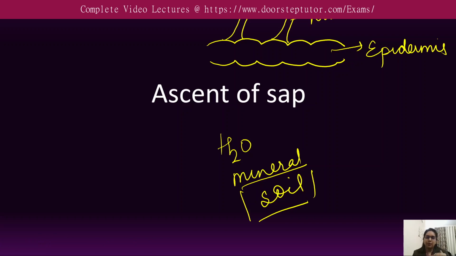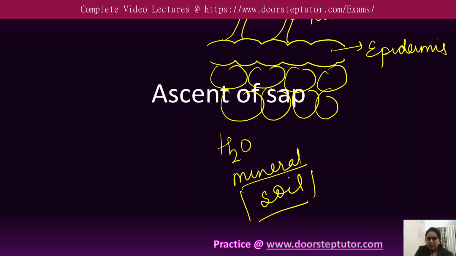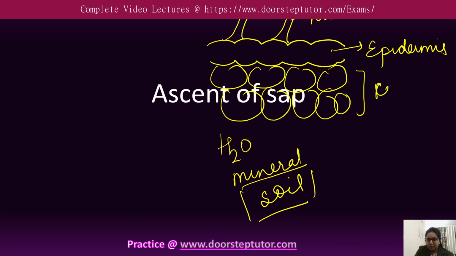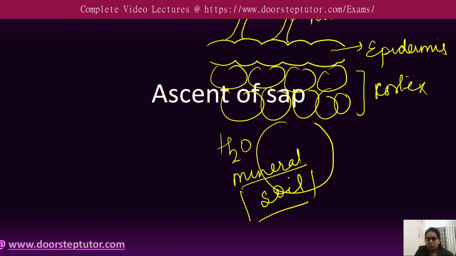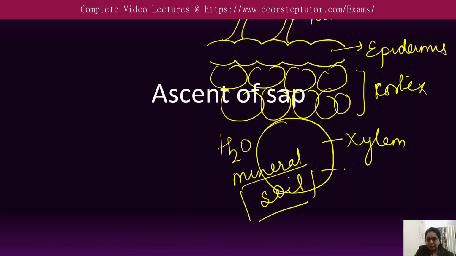They enter from the epidermis layer and then move radially, crossing the cortex region, and afterward they pass into the xylem. The xylem is there and the phloem is there, but here we will be talking about the xylem only.